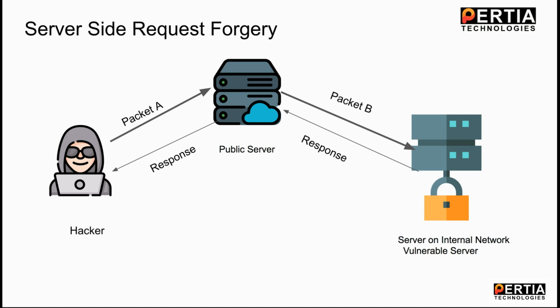If the server doesn't properly validate or restrict these requests, it might fetch internal data like a database or a configuration file, and send it back to the attacker. So what are the consequences of it? This could lead to data exposure, service disruption, or even unauthorized access to internal resources.